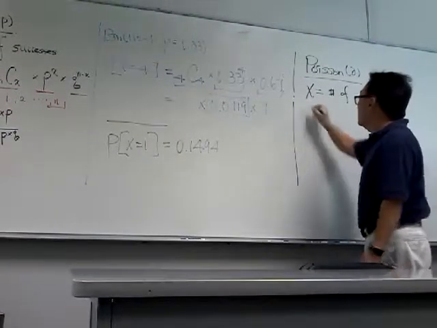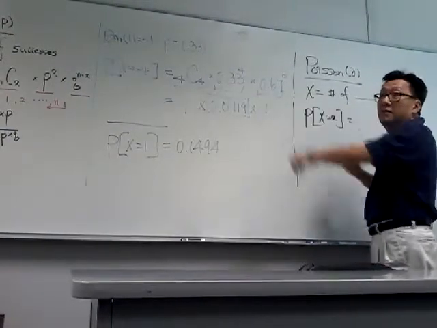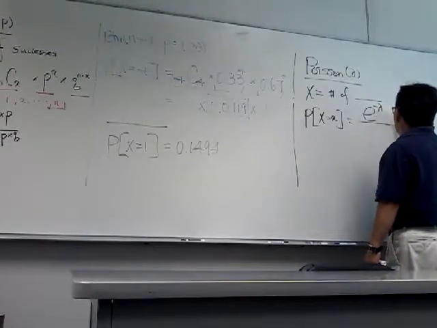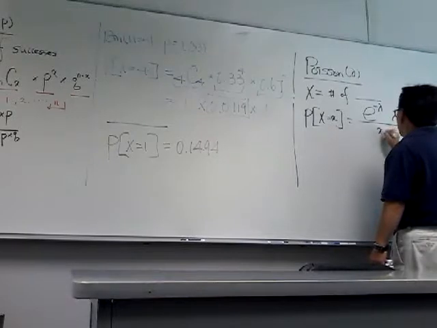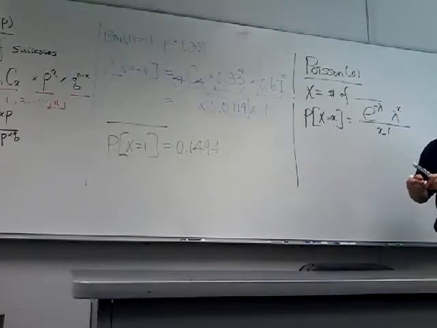Probability function: e to the minus lambda, lambda to the x, over x factorial. What are the possible values for x?